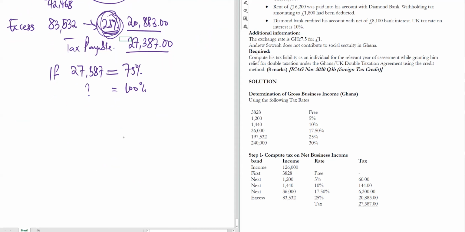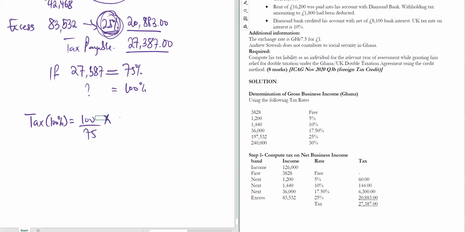In that case, it means the actual tax, the 100% tax which would have been paid on this income, is equivalent to 100 out of 75 times 27387.